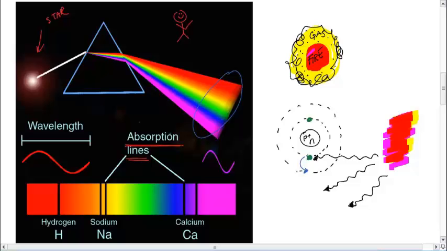They can only absorb energy if it's exactly the right amount to bring them up to the next energy level. And what that means is that each electron in each atom has a certain amount of energy that it's capable of absorbing. And that corresponds to a specific wavelength of light.